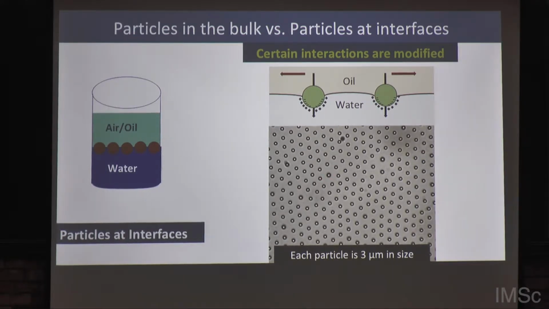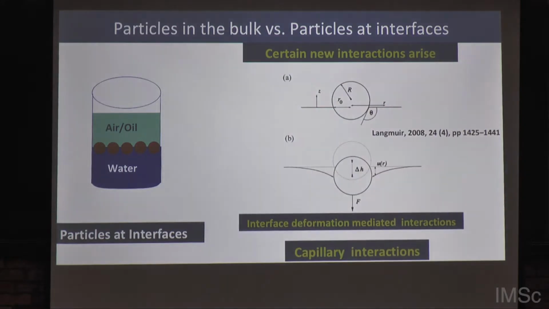Such long-range repulsion, which comes because of the positioning of a charged particle at the interface, originates from the dipolar repulsion between the particles. So, certain types of interactions, such as electrostatic or electrical double layer interactions, are modified when you put the particles at an interface, but certain new types of interactions can also arise.